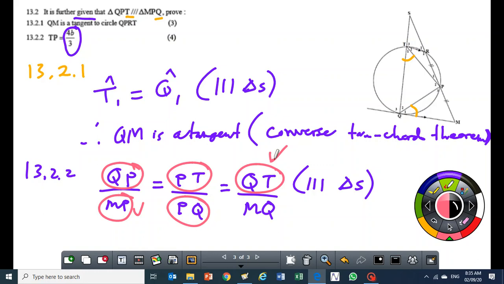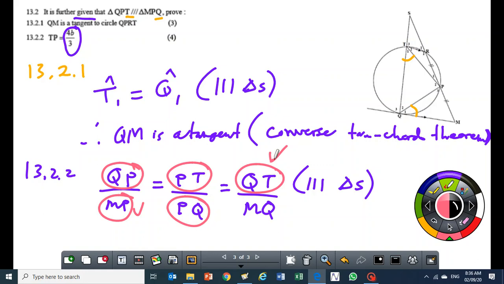Okay? So what that means is I only have this one and that one, which means probably I might need to use my proportion theorem. How am I going to use my proportion theorem? Was for me to be able to get this Q, let's see. I've got the QP, I don't have it. The MP, I've got it.